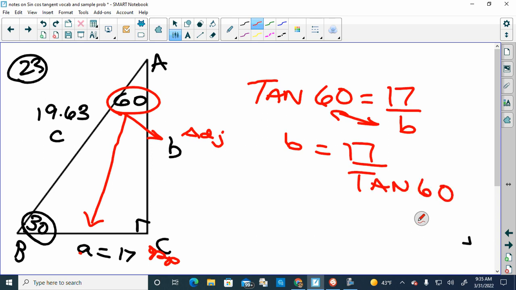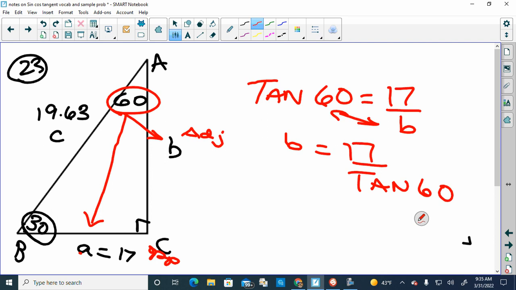Okay. So green and yellow calculators, you're going to go 17 divided by, okay, and then 60 tangent, and then equals.